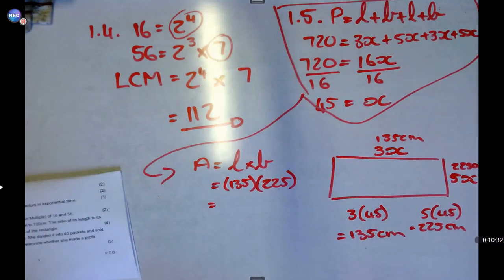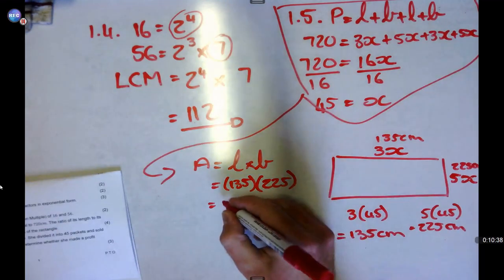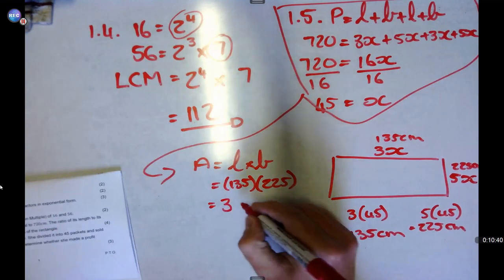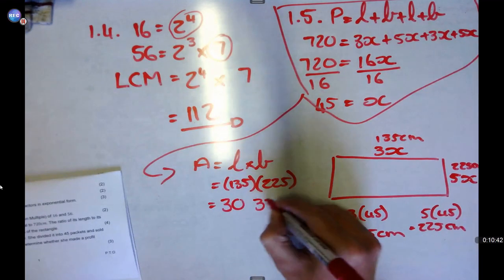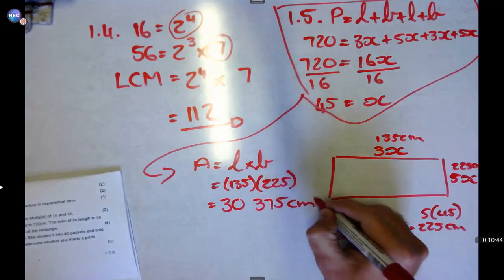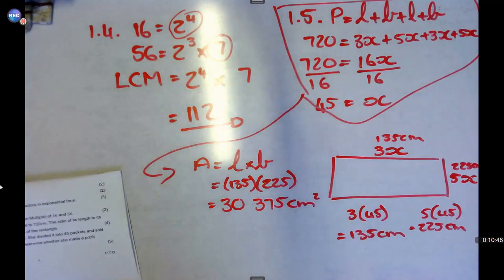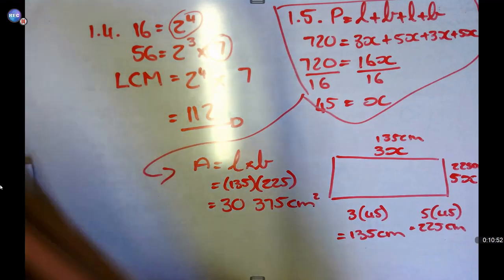So we're going to say 135 times 225, and that should give you a total area of 30,375 centimeters squared in this regard. Okay, that is question 1.5, sorted, solved, out of the way.